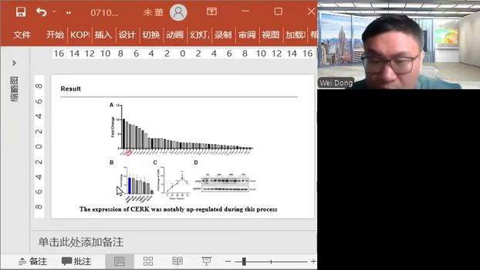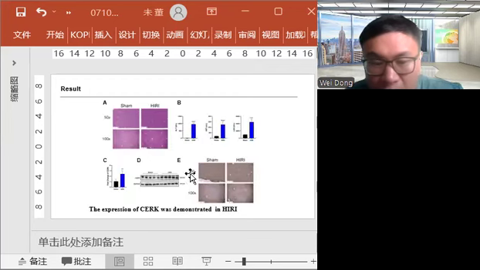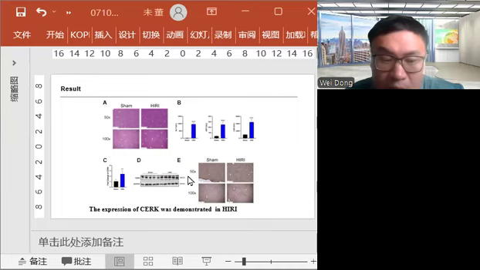We can find this upregulation both in the Western blot result and the qPCR. And then this phenomenon was further confirmed in the human samples.